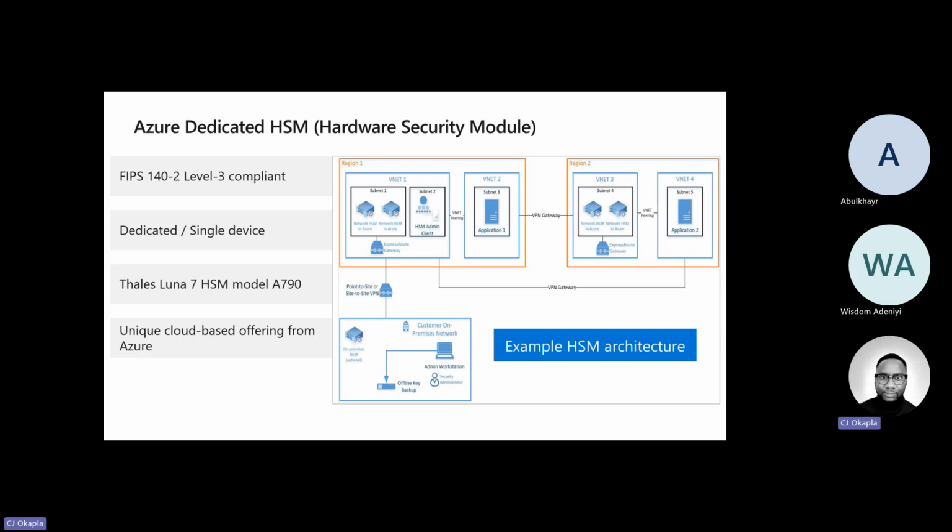You have 2 regions, region 1 and region 2. Within that there are VNet 1 and VNet 2, and in region 2 we have VNet 3 and VNet 4. Then we have an on-premises environment here. This is an example of an HSM architecture.